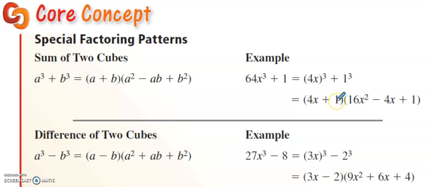So this becomes 4x plus 1 times a squared, so 4 squared is 16, x squared is x squared, minus a, which is 1, times b, which is 4x, so minus 4x, plus b squared, so 1 squared is 1. And again, this will never factor if I have done the sum of cubes correctly.